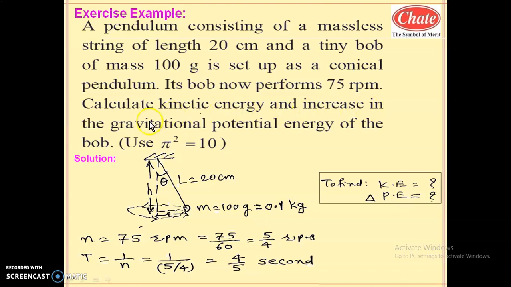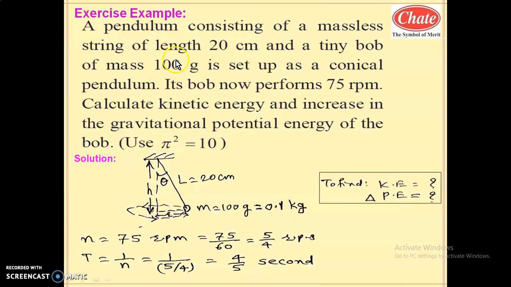And find the increase in gravitational potential energy of the bob, meaning the change in potential energy. As height changes, potential energy increases. You studied this in class 9. The basic formula of potential energy is mgh. You also studied it in class 11, work, energy and power. Here pi square equals 10. We have to use the value pi square equal to 10.